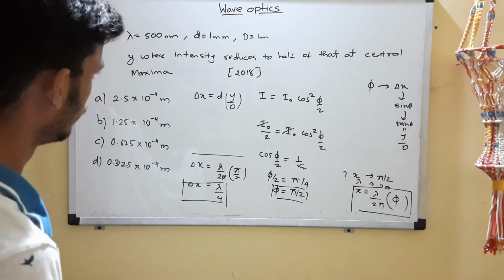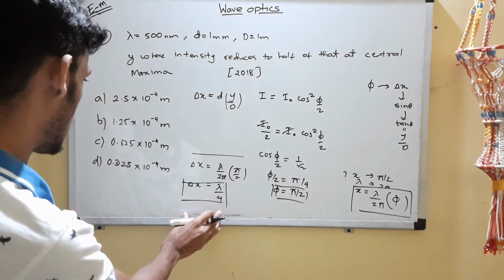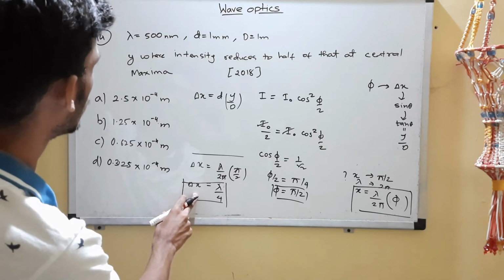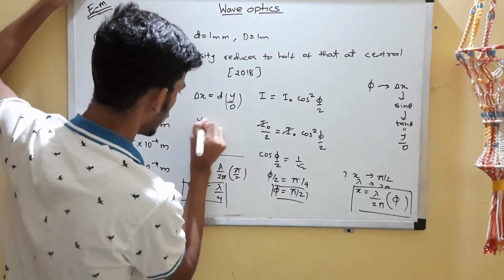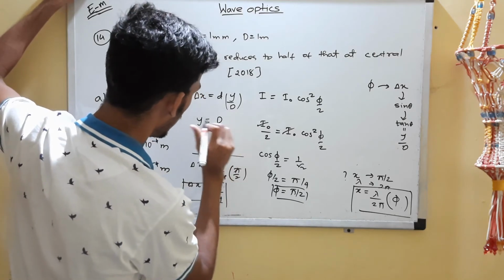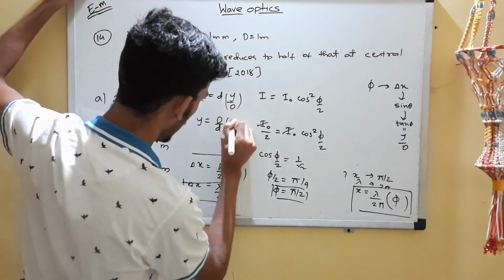Now what's the next thing? We know our x, so we just have to substitute. We want to find y. So y is basically capital D by small d into delta x.